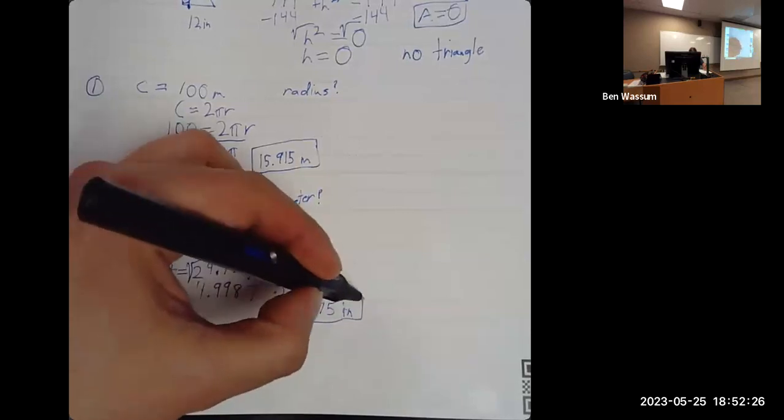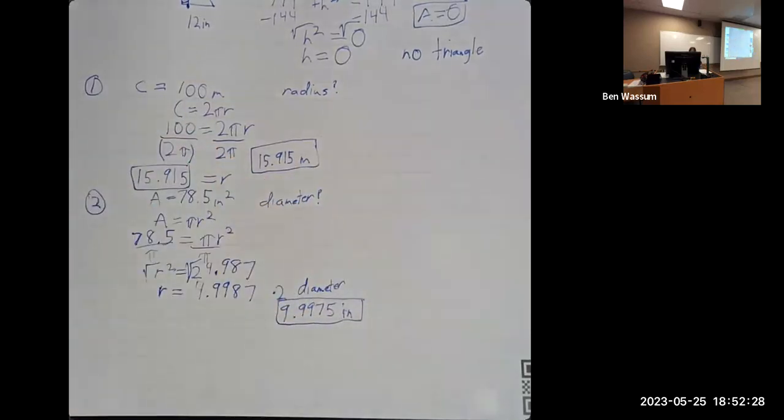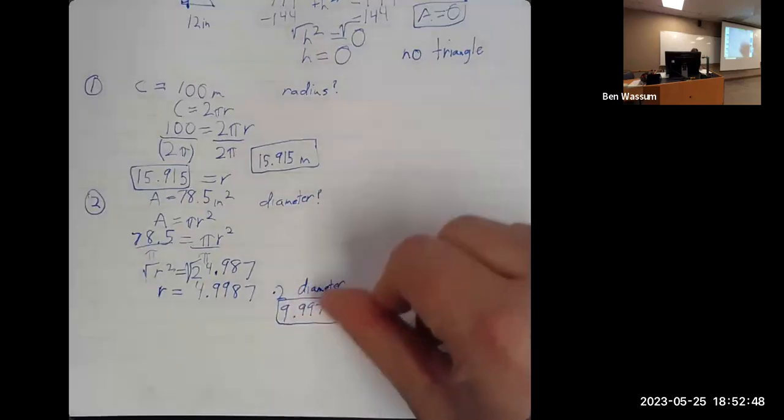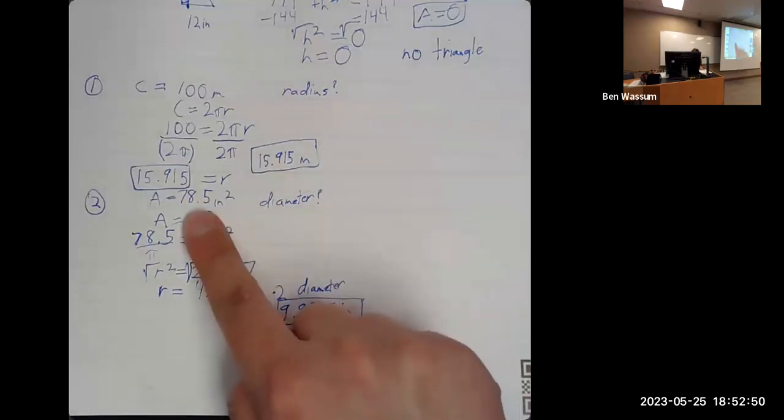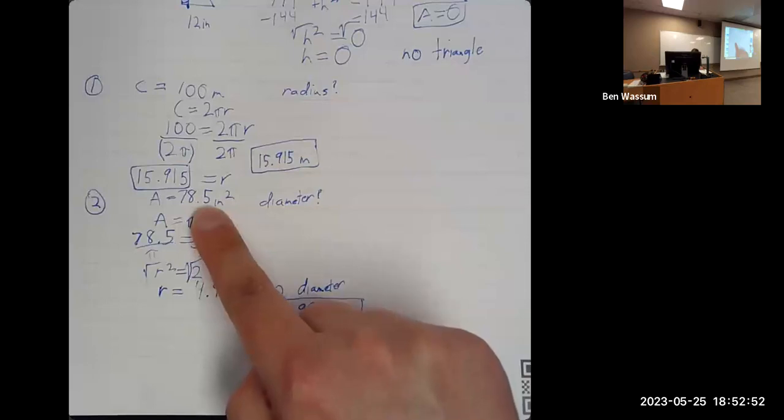Now, chances are, based on how close that was, that this 78.5 was actually calculated with a rounded off pi. If I had rounded to that many decimal places, I have 3 total numbers here.